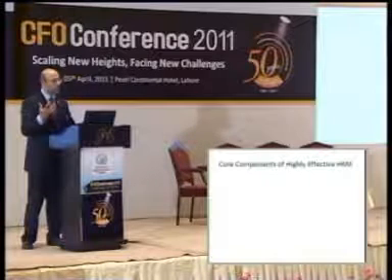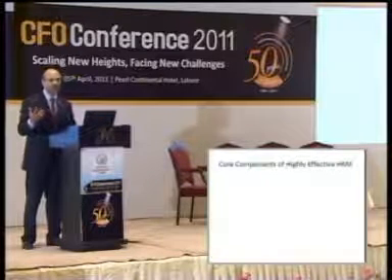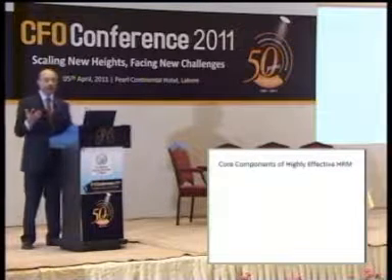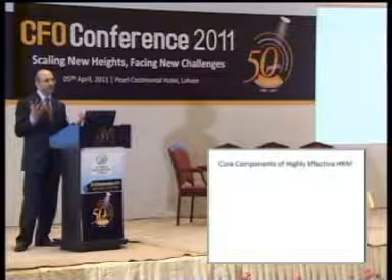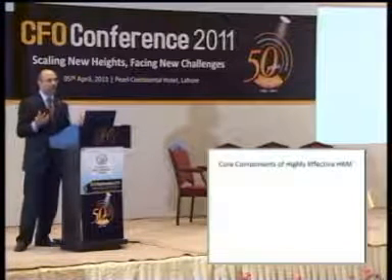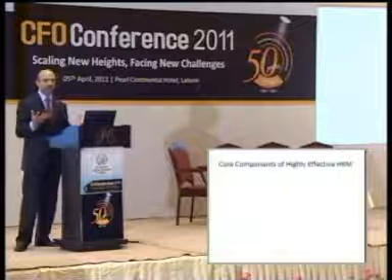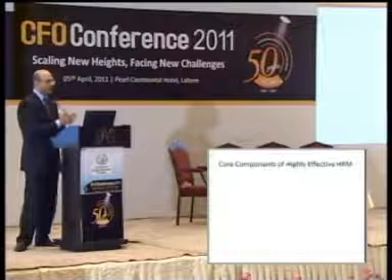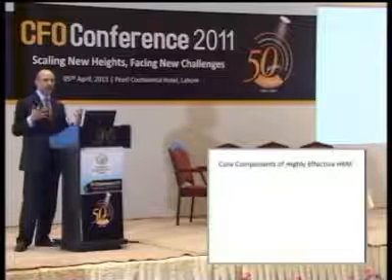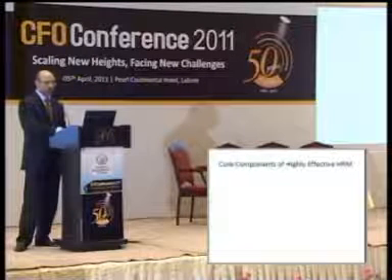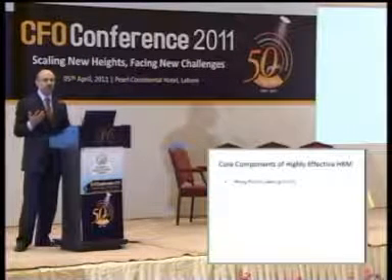So, as CFOs and as senior accountants or students of accountants, what are the core components of a highly effective human resource management process that you must understand? And my intention is not here to give a lecture on glorifying HR. I'm talking in basic, common daily language.